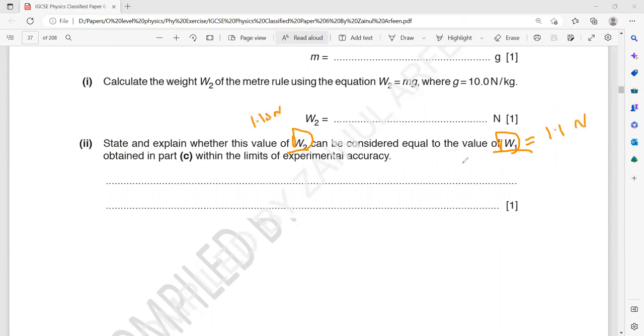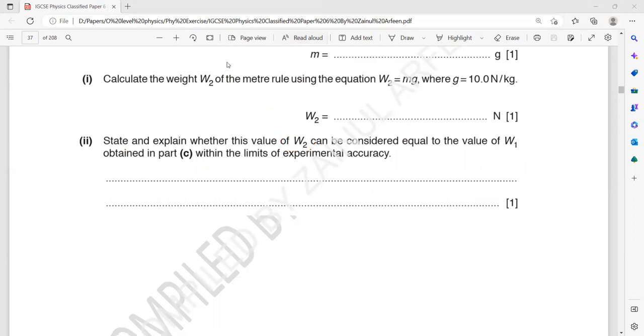Can we say they are equal? Yes, you can say they are equal within the limit of experimental accuracy. But what if W1 was 0.7 and W2 is 1.13? Can I say they are equal? No. So you will say no, within the limit of experimental accuracy, the two values are not equal.